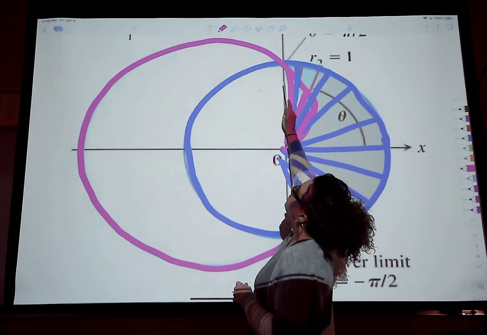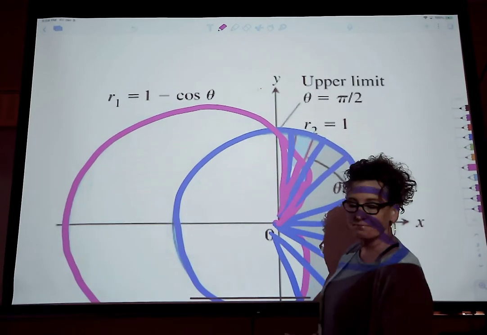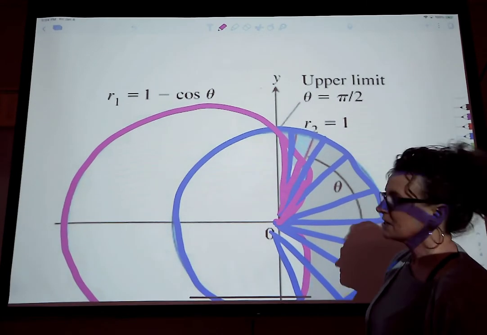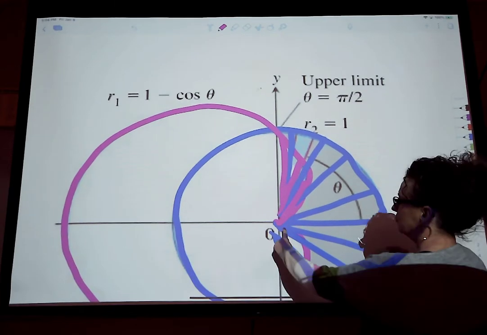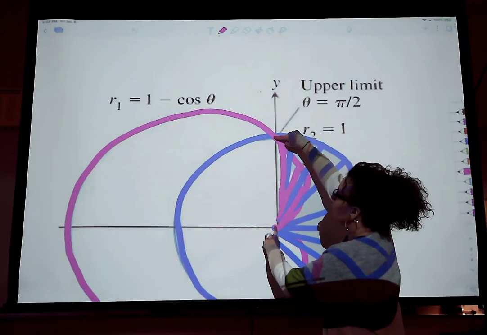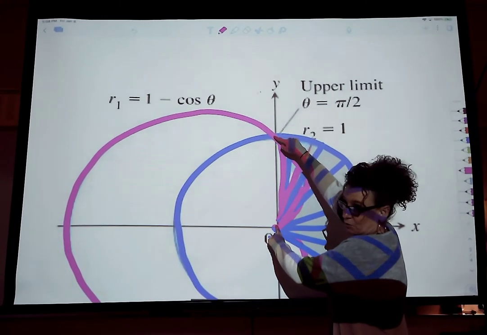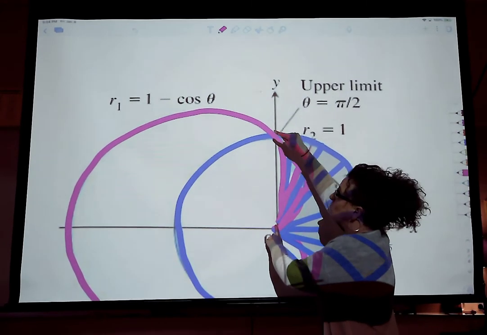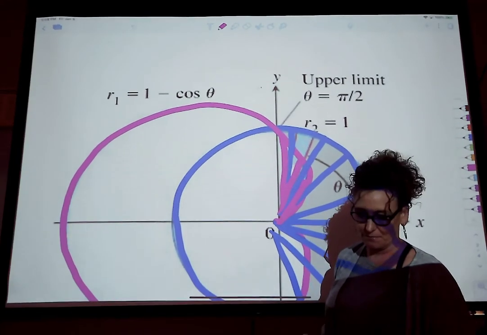What angle puts us right here? I think the easiest way to do this is look at your table, and you know that your blue radius is 1. Therefore, your pink r value that you're looking for is 1. Find that angle that goes with it.